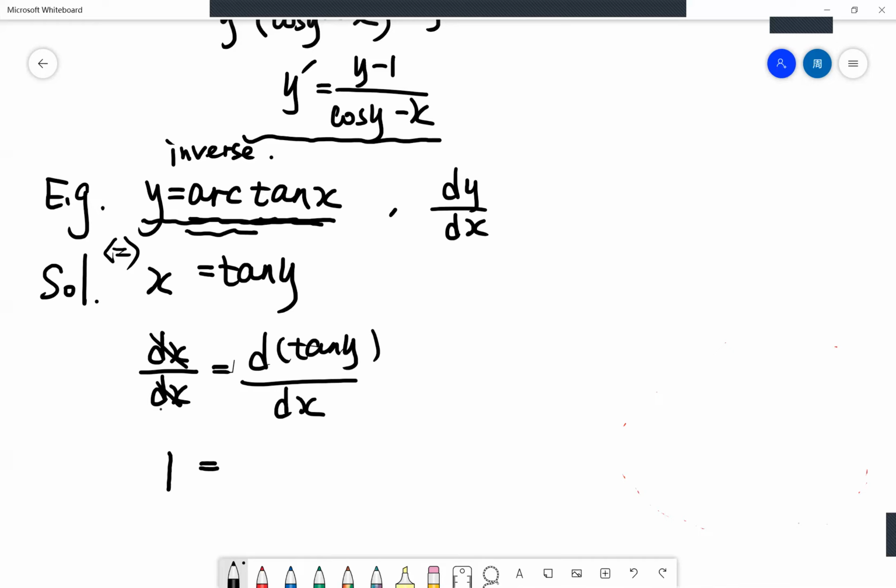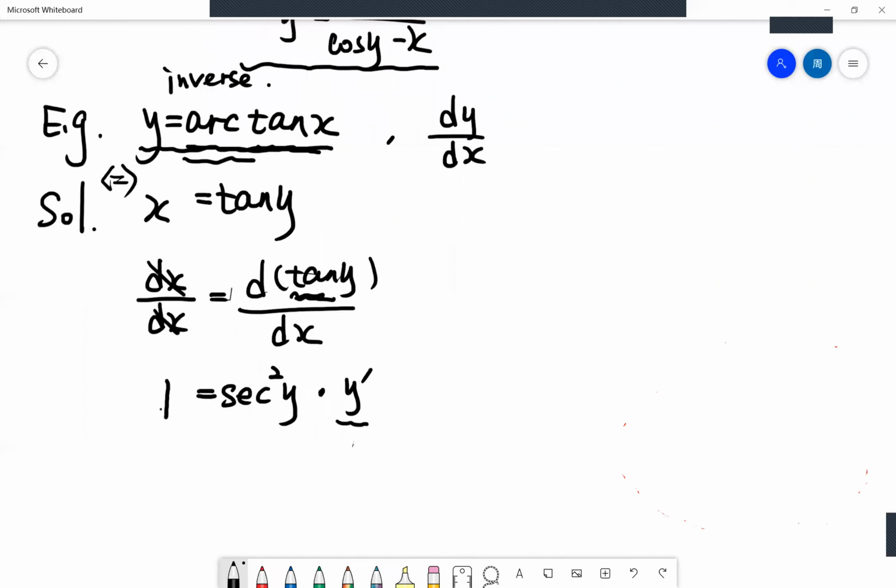The left part can be cancelled, so that equals 1. And on the right, tangent is the outside function, so that equals secant y squared, using the formula, and then times the inside, that is y prime, or you can write y prime as dy by dx.